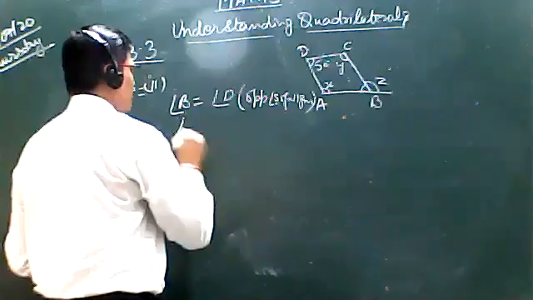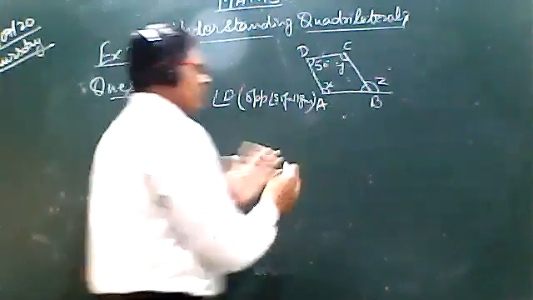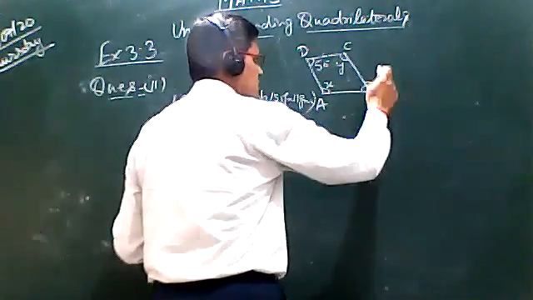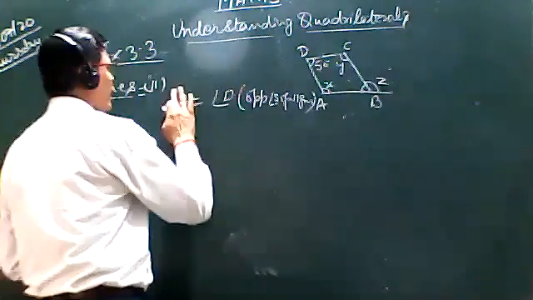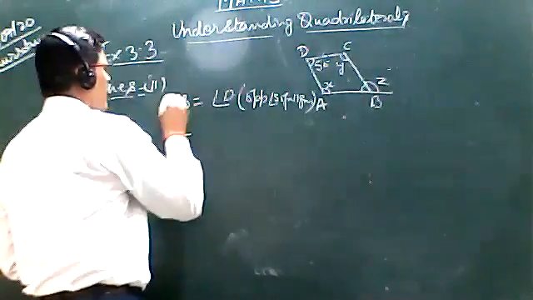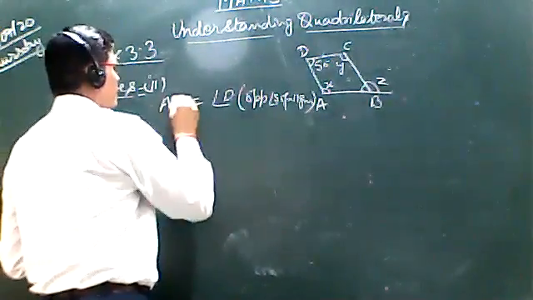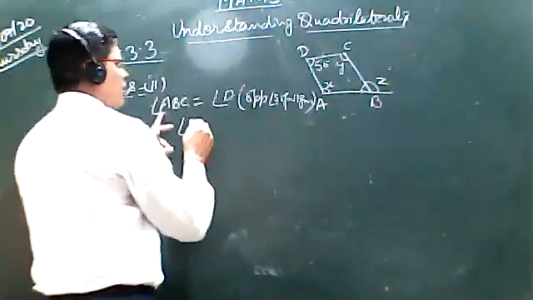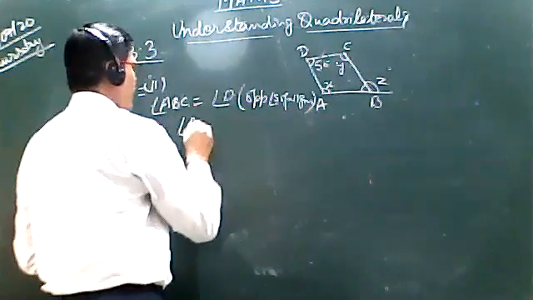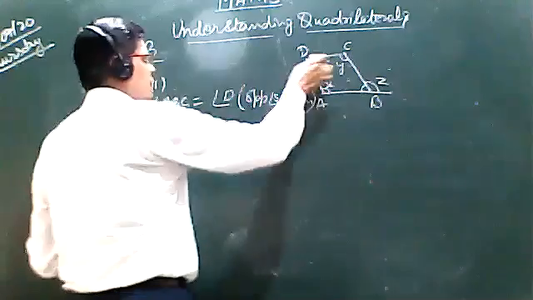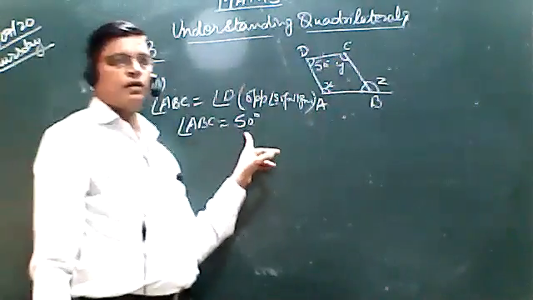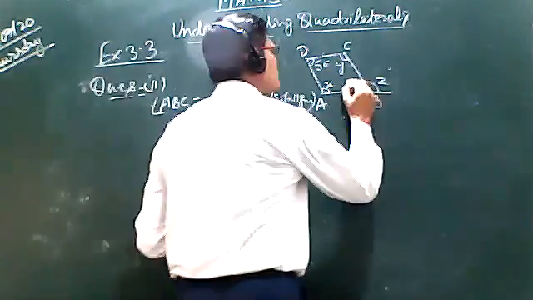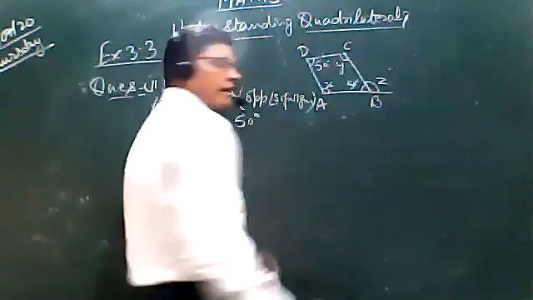Therefore, angle B, we give the name because in B this Z is also included, we write ABC. Angle ABC and D is 50 degrees, and this ABC comes 50 degrees. That means this angle B is 50 degrees.